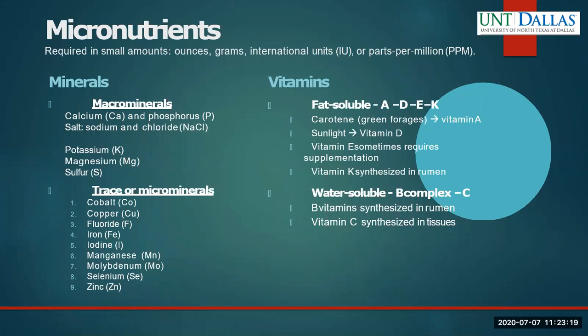A calcium to phosphorus ratio of less than 1.2 to 1 may cause reduced growth and other possible metabolic problems. Sulfur is an important mineral because it functions in the synthesis of methionine and cysteine.